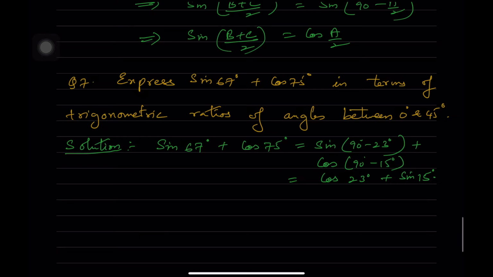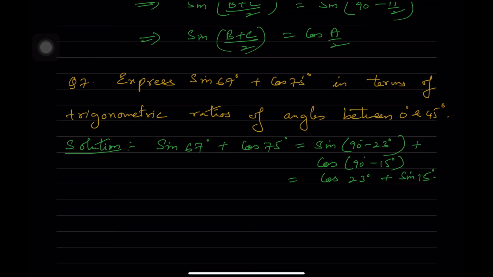Express sine 67 degrees plus cos 75 degrees in terms of trigonometric ratios of angles between 0 degrees and 45 degrees. So you have to express that in terms of these two angles. So now you can write 67 as 90 minus 23, because he is asking to find an angle between 0 and 45, and 75 can be written as 90 minus 15.